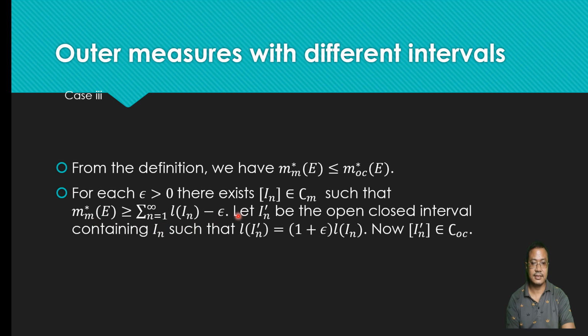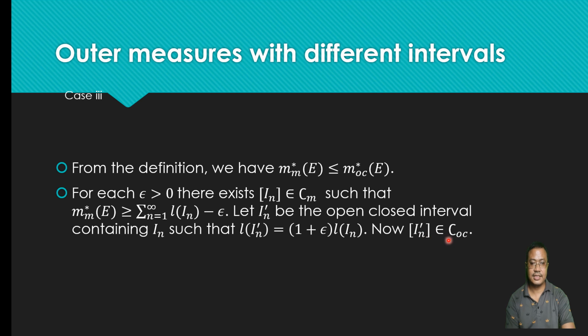Let I_n prime be the open-close interval containing I_n. So you can define another open-close interval containing this one, and you make the length of the new interval exactly equal to 1 plus epsilon times the length of the whole interval. So now the cover I_n prime is a member of C_OC.